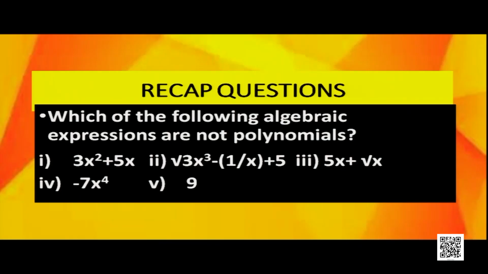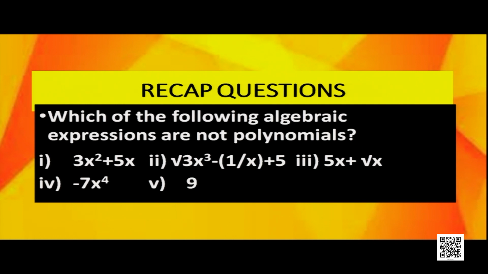In 3x square plus 5x, the exponents of variable x are 2 and 1. Yes, 2 and 1 are non-negative integers, so the first one is a polynomial.